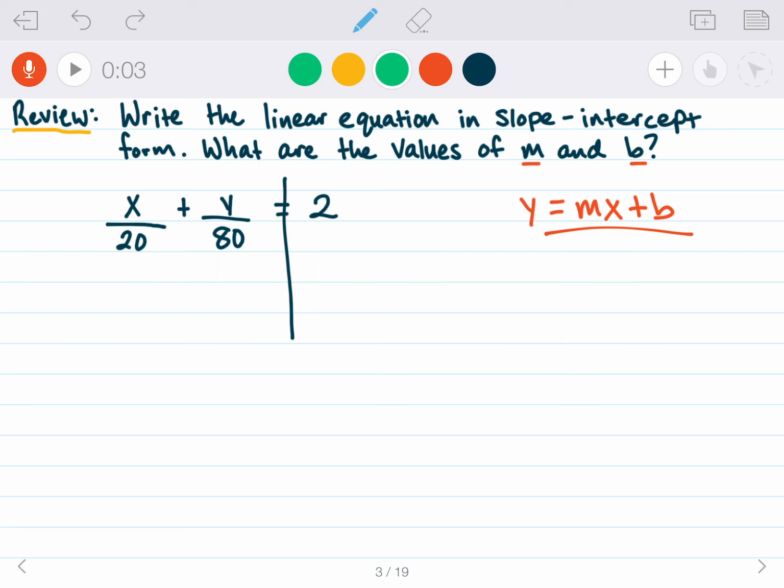So to get rid of fractions, you can do something called multiplying both sides by the least common multiple. Okay, so to clear fractions, this is just a review.